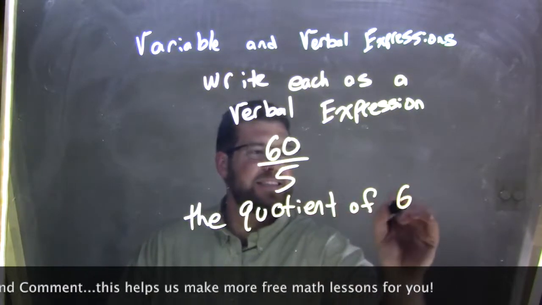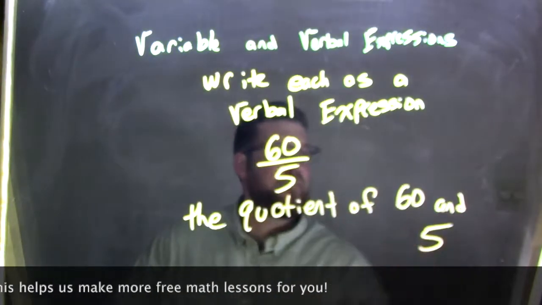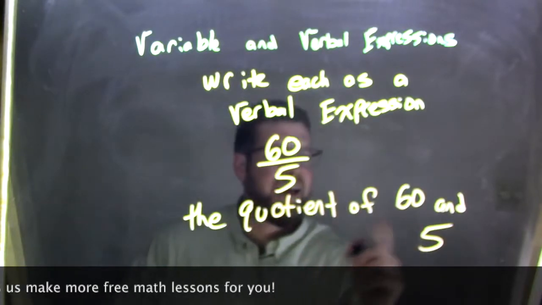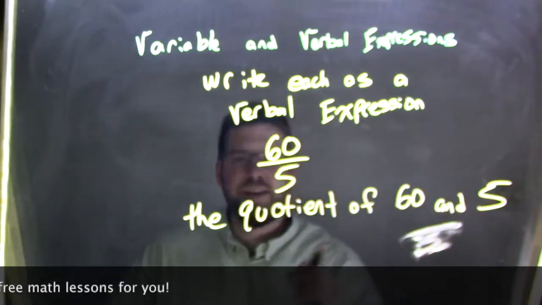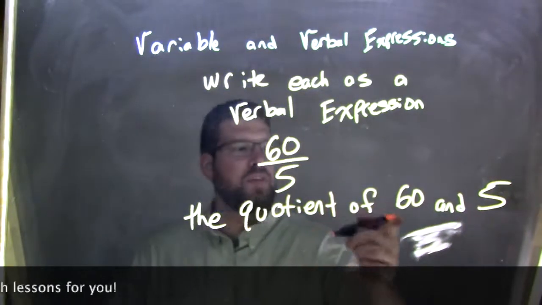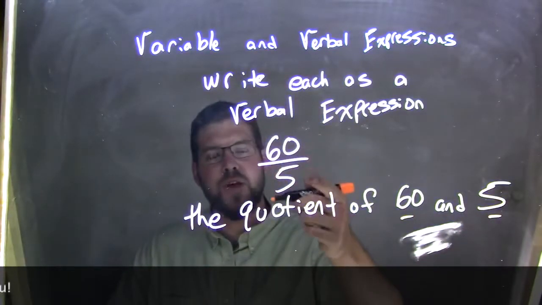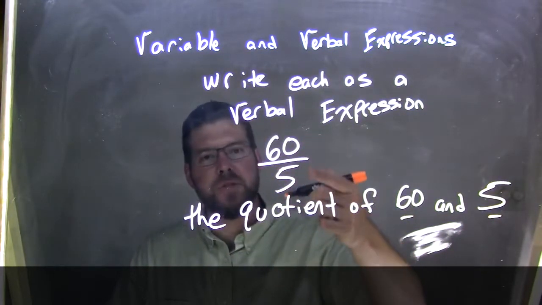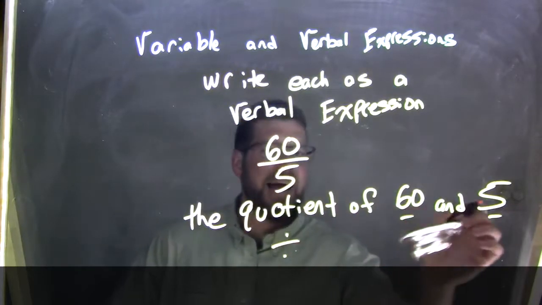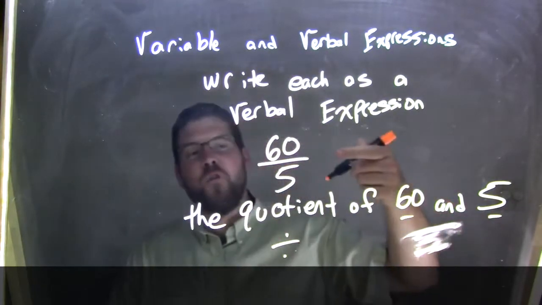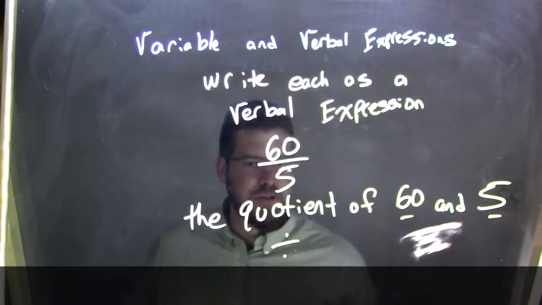So the quotient of 60 and 5. 60 came first, and 5, referring to these two numbers in that order from top to bottom. So the quotient, meaning that division, of 60 and 5. We took that variable expression and wrote it as a verbal expression.